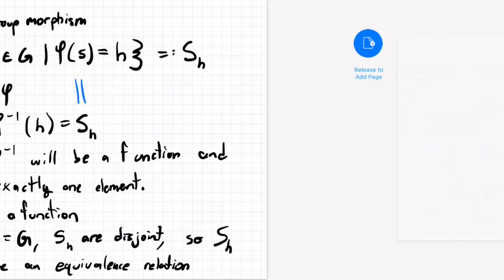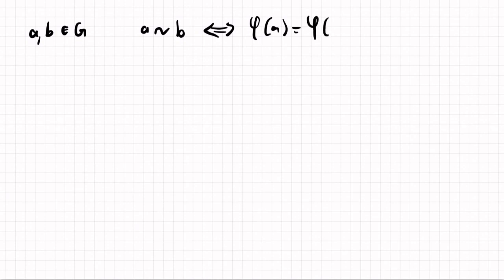In particular, for A and B in G, A is equivalent to B if and only if phi of A equals phi of B.